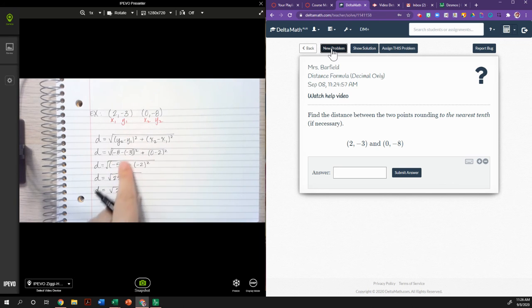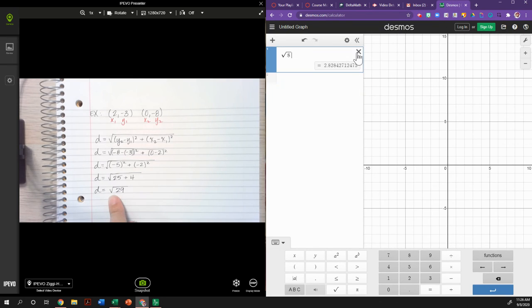I'm not going to lie, I like to do this part because it keeps my arithmetic skills sharper. So let's take that out. We're going to do the square root of 29, and I'll type it in again just to show you. Parentheses, -8 minus -3 and then exponent.